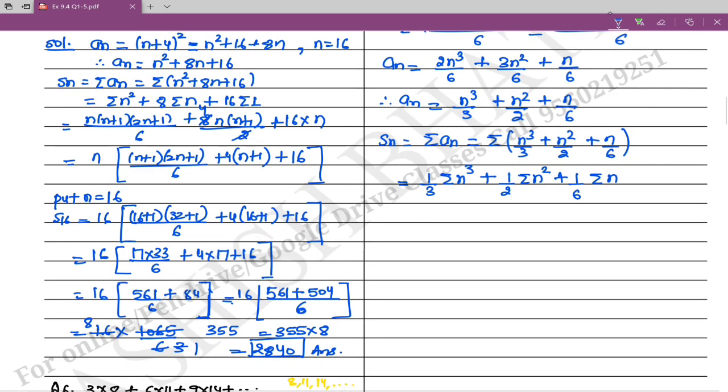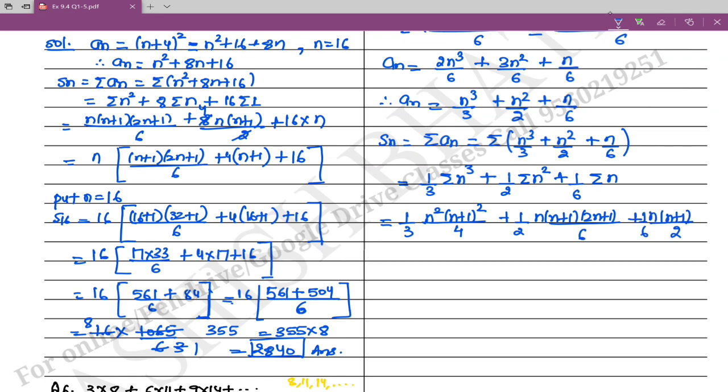Now this will be equal to 1 by 3. Substitute the value of summation of n cube, which is n square into n plus 1 whole square by 4, plus half. Summation of n square is n into n plus 1 into 2n plus 1 by 6, and summation of n is n into n plus 1 by 2, all times 1 by 6.